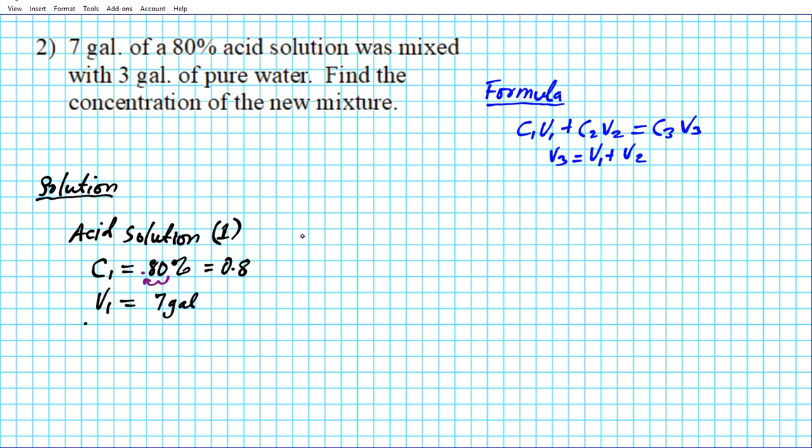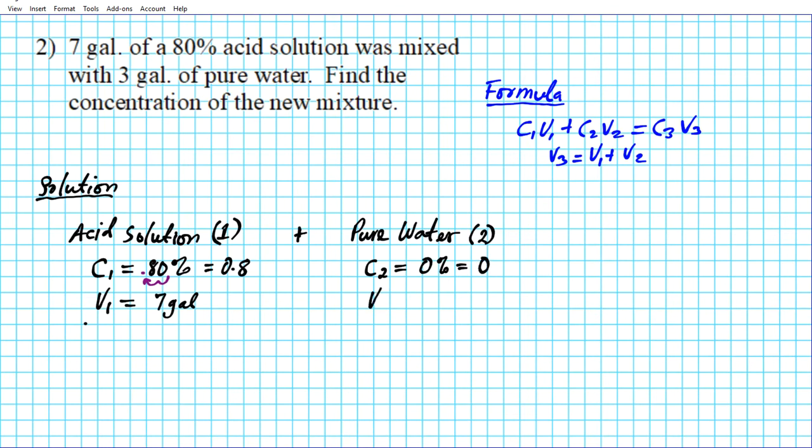Now, the next mixture we're combining is what? Water, pure water. So pure water is 2. C2 is the concentration of acid in pure water. How much acid is there in pure water? There is none, so 0%. In decimal form, 0% is just 0.